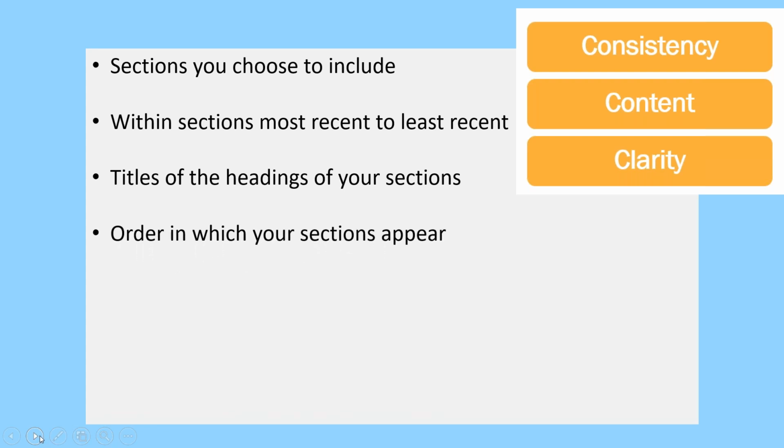Think about the order in which your sections appear. We know that the first and second pages get read longer by human beings, and then they tend to skim through some of the other content. So if you're applying, let's say, for a teaching position, you might want to get that teaching experience closer to the first page, top of the second page of your CV.